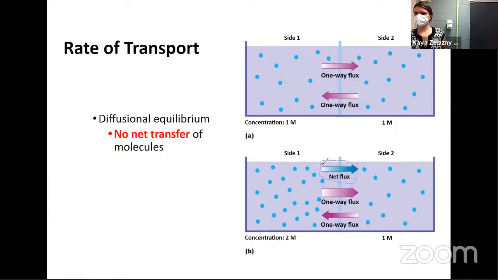So flux is just movement. Our one-way flux is just the movement of the molecules in one direction. Our net flux is the overall movement of the molecules. So really the net flux is kind of what we've been tracking in our previous discussion. I want you to remember that term.